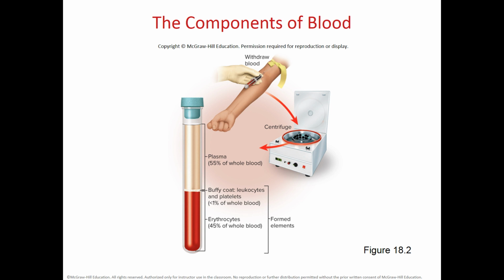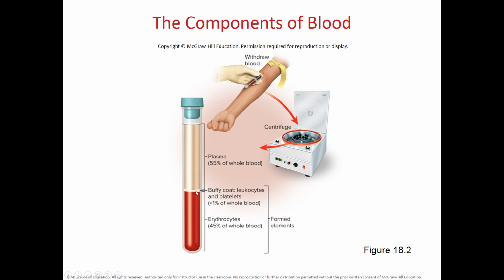This is the figure showing you what happens after you have obtained a sample of blood from someone's vein in the arm, and then you put it in the centrifuge and spin it at high speed. After you withdraw this sample from the centrifuge, you will see that in the bottom of your test tube, you have erythrocytes that will make this hematocrit.